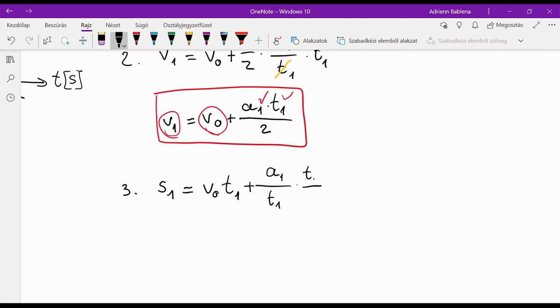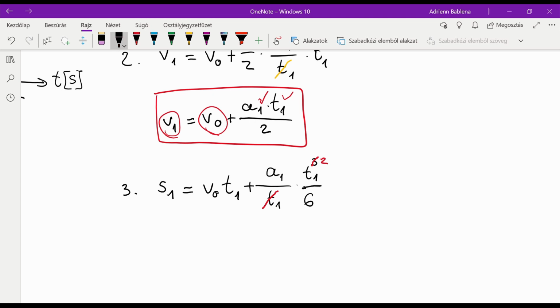I can write t1 squared, t1 minus t0 squared exactly, that was 2 times 3, so I can write 6. And we can simplify by t1 again.